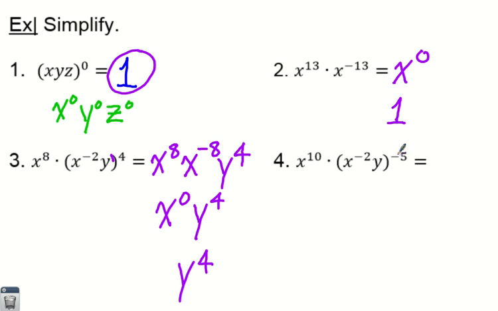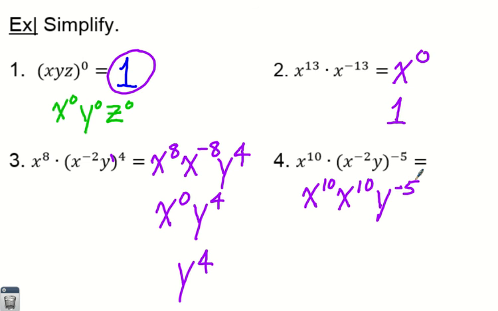So anyway, let's just apply this power to x to the negative 2, and also y. Bring down the x to the 10. So power to a power, what do you do? You multiply the powers. What's negative 2 times negative 5? That's positive 10. And then y to the negative 5 is y to the negative 5.